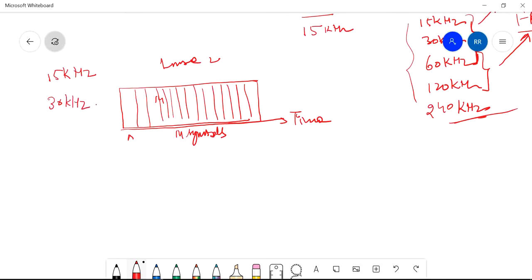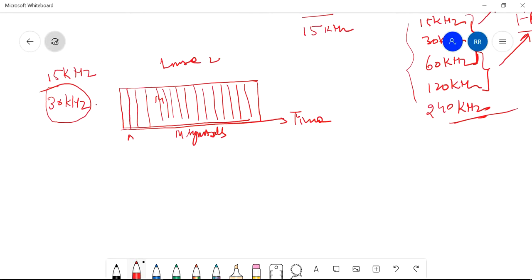subcarrier spacing, right? In 30 kilohertz subcarrier spacing, because here the subcarrier spacing is getting just double, the symbol duration will just get half.